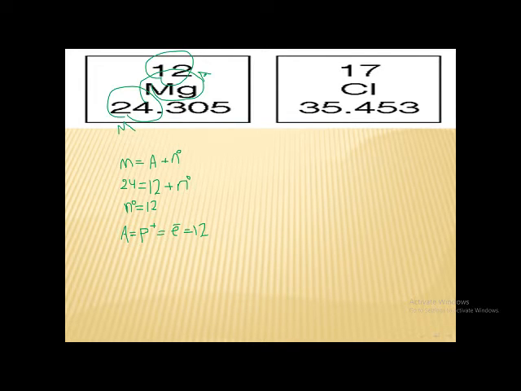What about Cl? This large number is the mass number, and the smallest one is the atomic number.